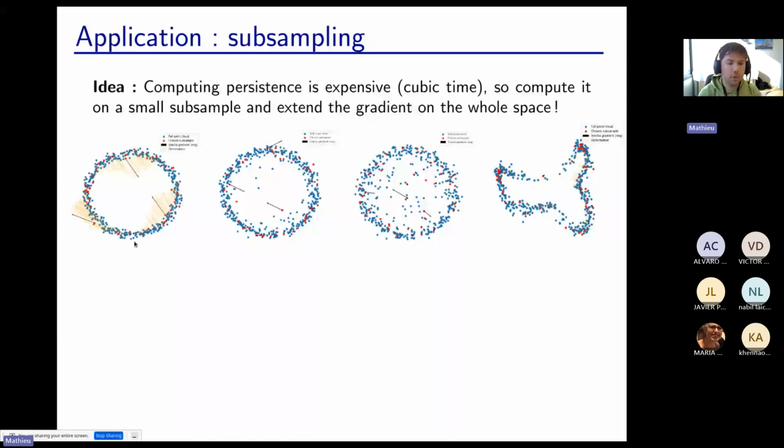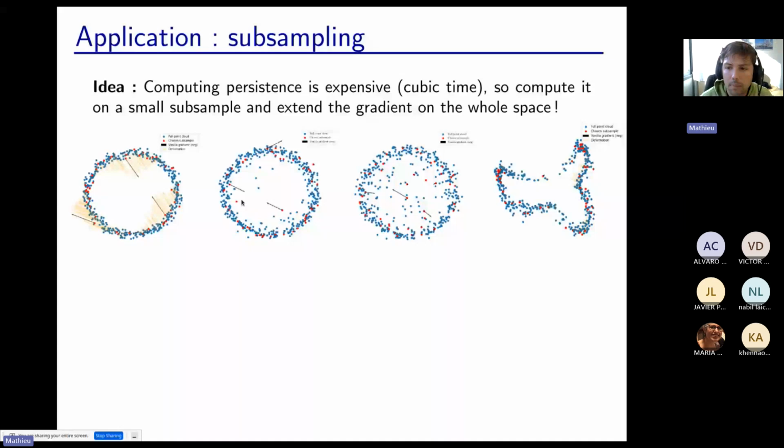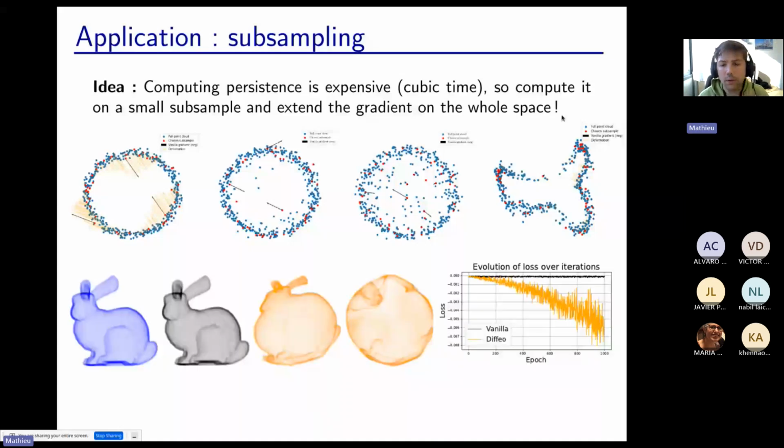Given that I have a much smaller point cloud, persistence is fast. And given that I'm extending it, I'm still moving all the points at every iteration. So this allows for much faster computations of optimization than vanilla.